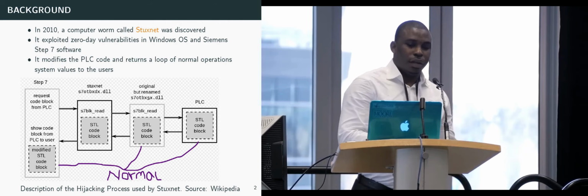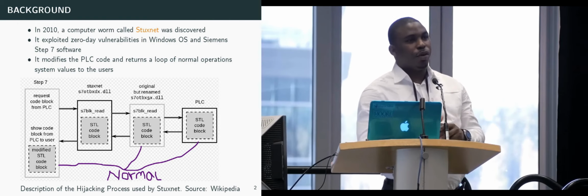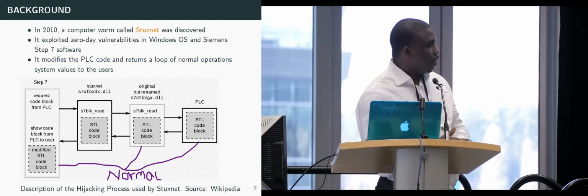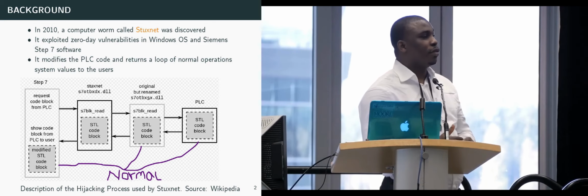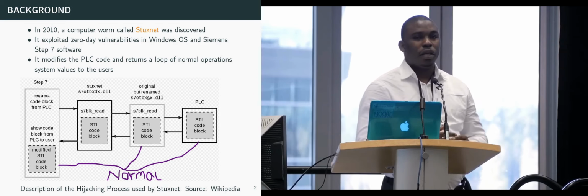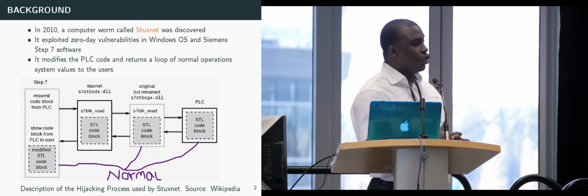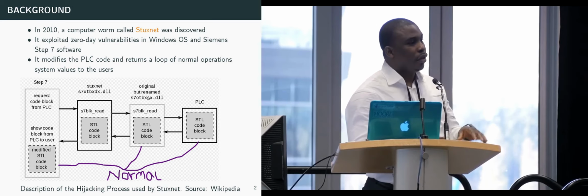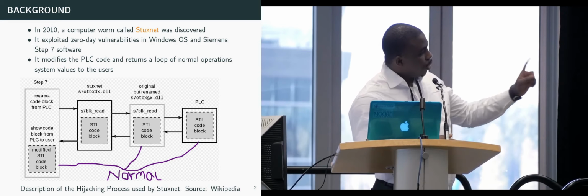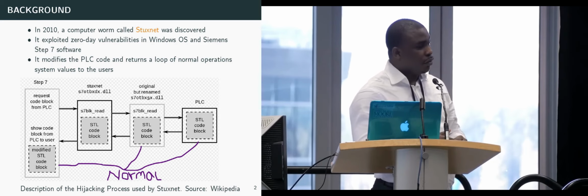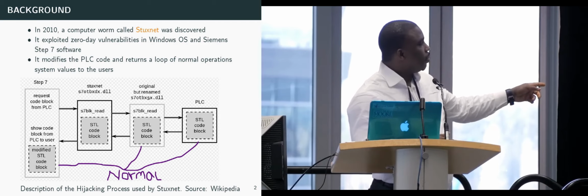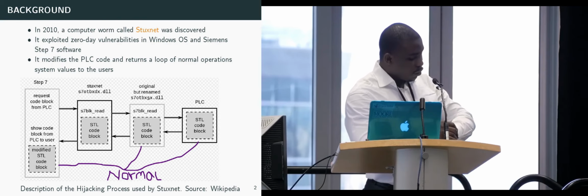In 2010, almost everybody in the world of security was shocked to discover a computer worm called Stuxnet. It was a worm engineered to attack a specific device: a PLC manufactured by Siemens, using Siemens Step 7 software.